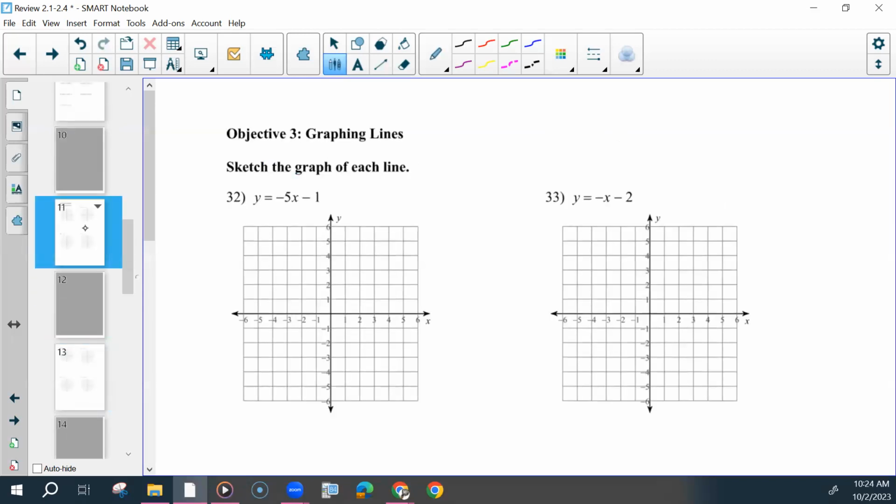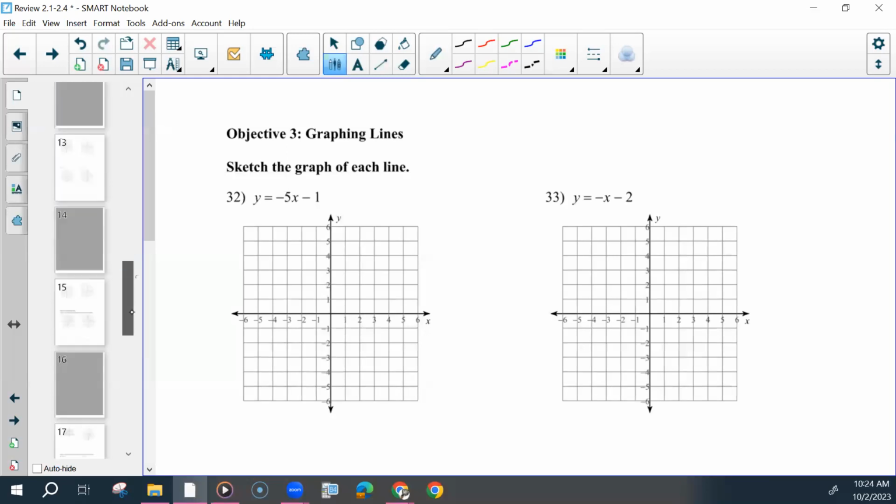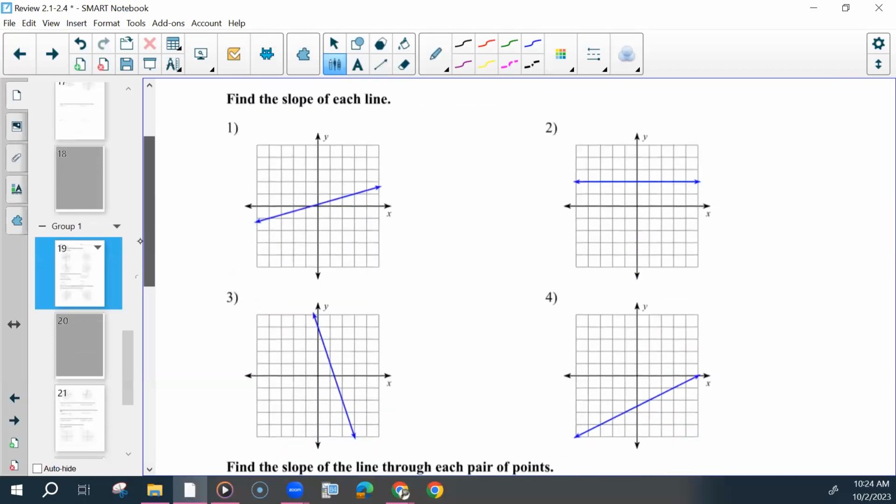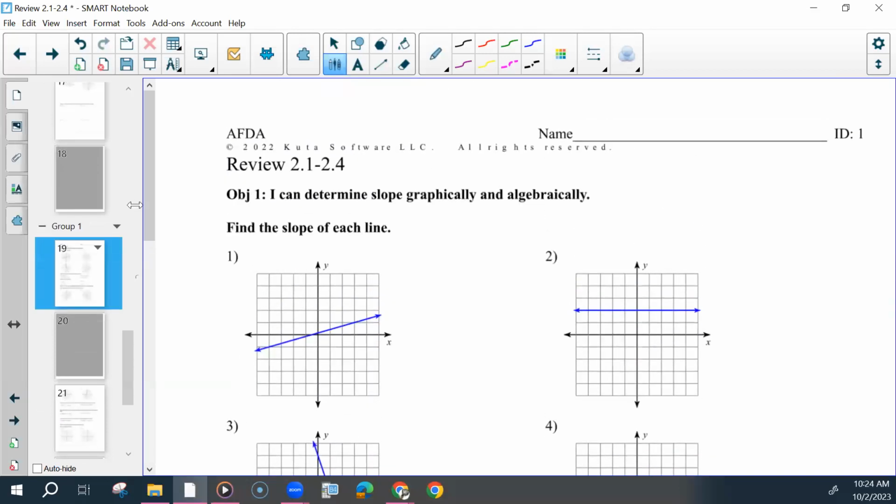So it goes to this one? Okay, so let's see. Go a couple more pages until you see what that looks like. This one? Should have that page, I'm hoping.